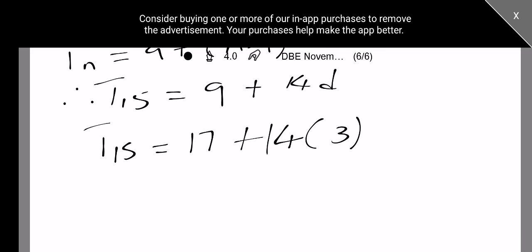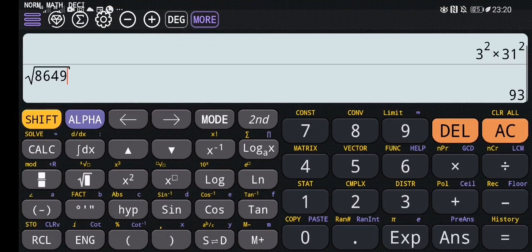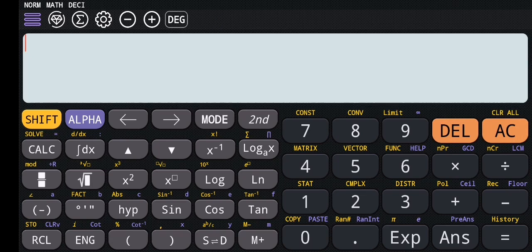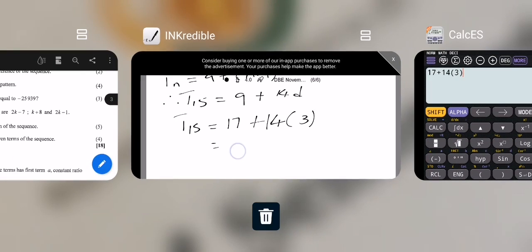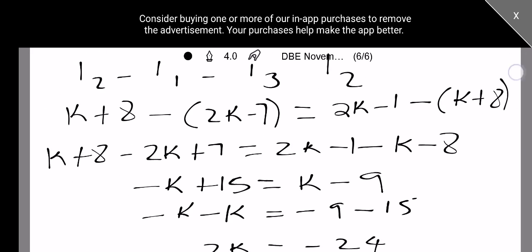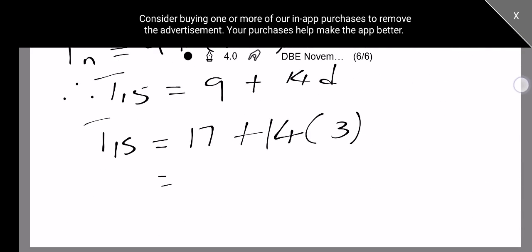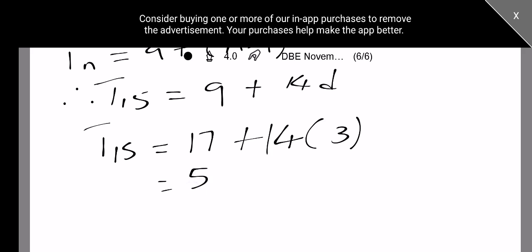Let's punch that in: 17 plus 14 into 3. This is 59. That is our 15th term. T15 equals 59.